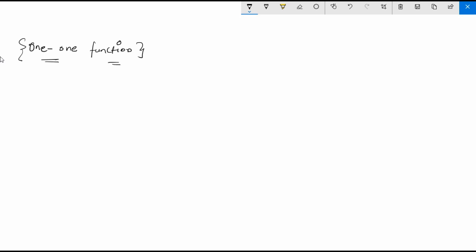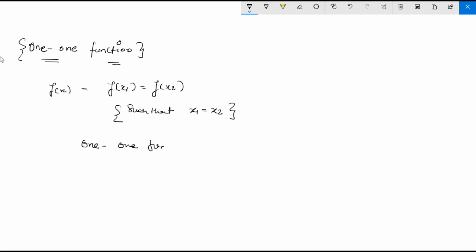So if there is a function f of x and it can be proved that f of x1 equal to f of x2 such that x1 equal to x2, then this kind of a function is called a 1-1 function, or f of x1 equal to f of x2 only if x1 equal to x2.